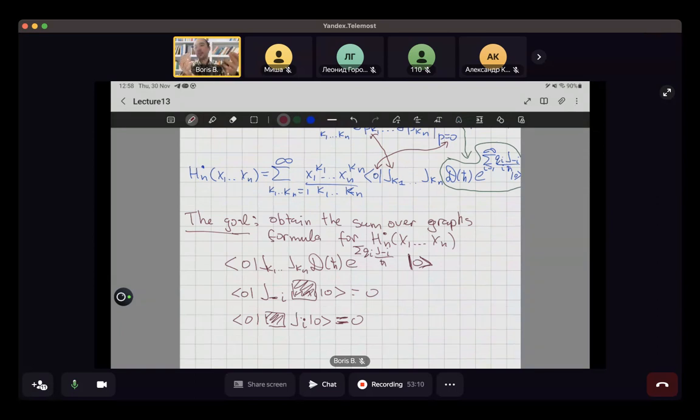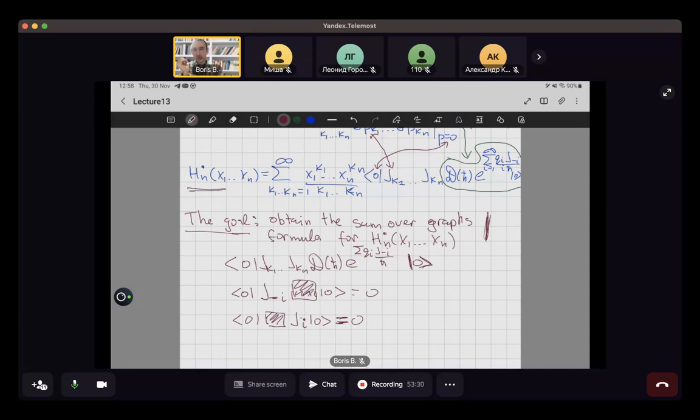So we obtain some coefficients, and therefore we will have some non-zero summands, and all other summands will be 0. And in the end, we will have some closed formula in terms of sum over graphs for this H.